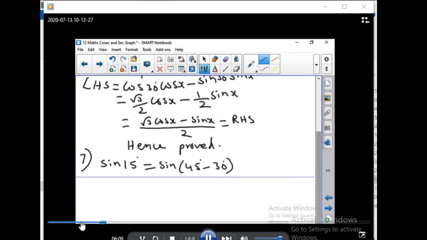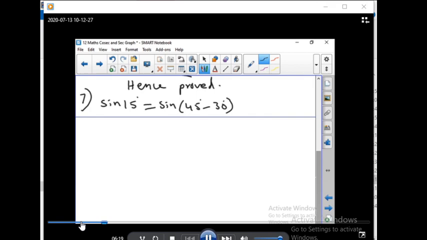Now we are going to use the sin(alpha minus beta) formula. sin(alpha minus beta) is equal to sin alpha cos beta minus cos alpha sin beta.